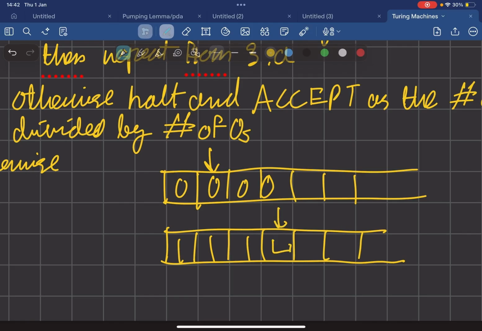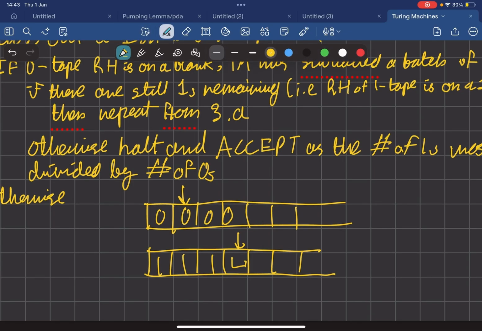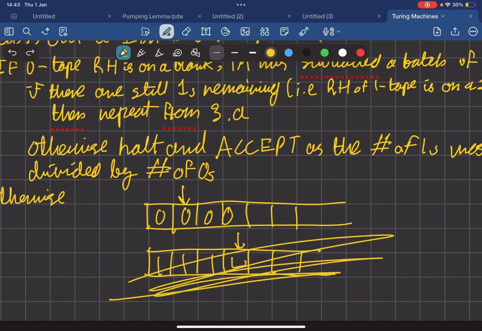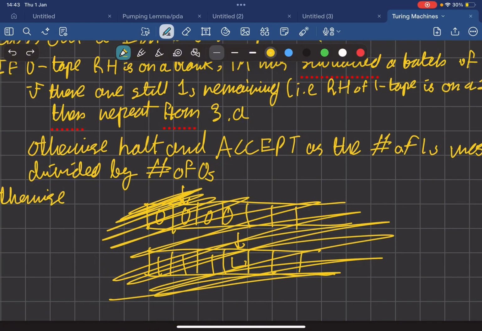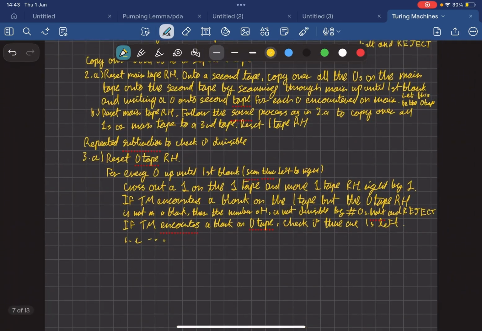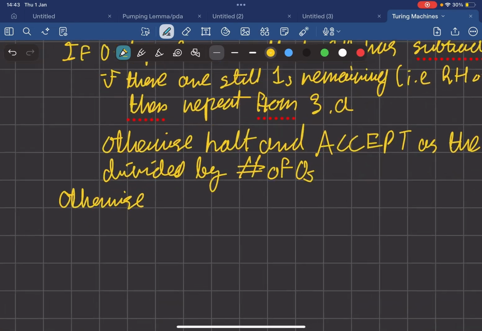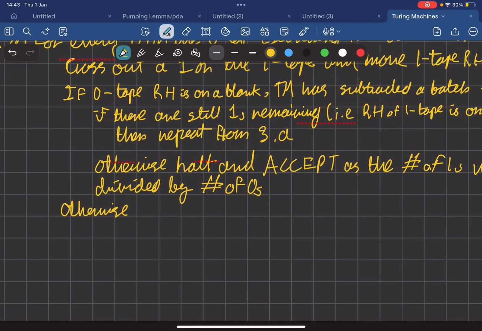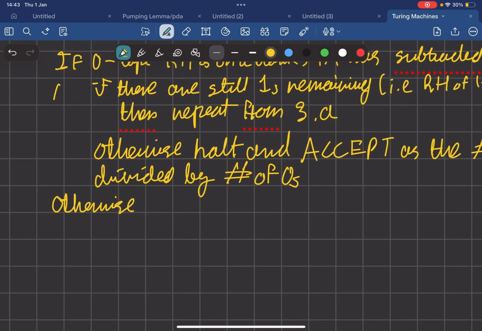So if the read head is not on a blank, we need to check that the 1 read head is also not on a blank. Otherwise, there's no 1 to remove. If that makes sense. So we're checking for this situation where the 0 read head is on a 0, but the 1 read head is on a blank. So this is corresponding to this.